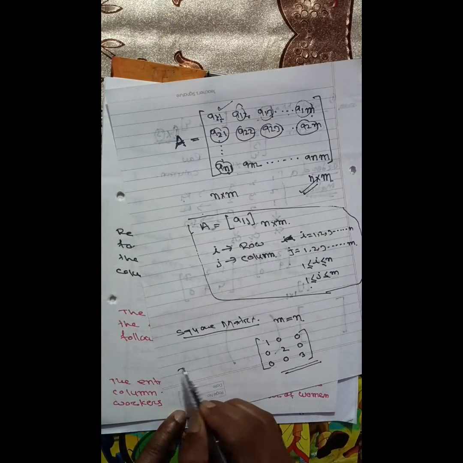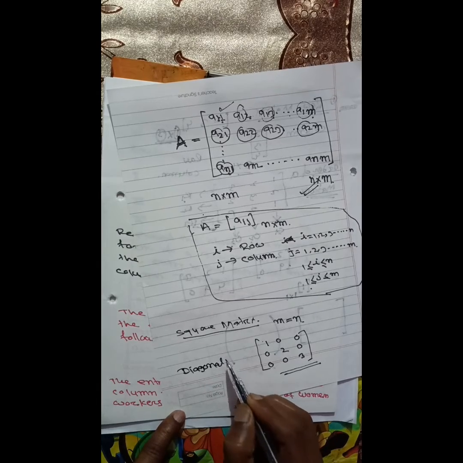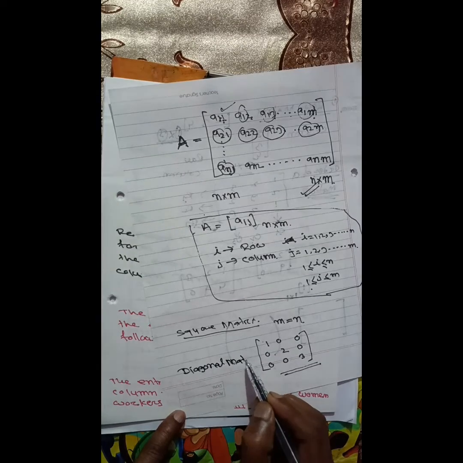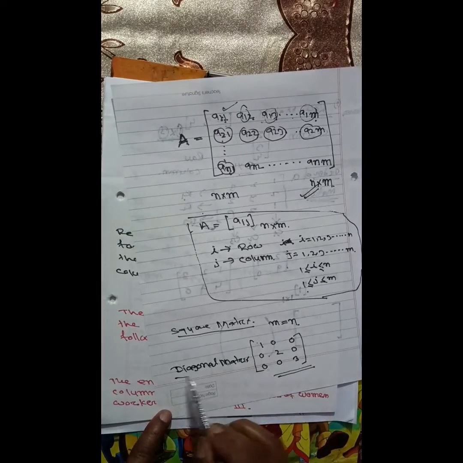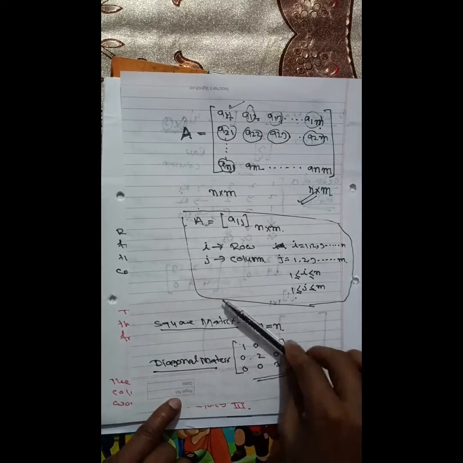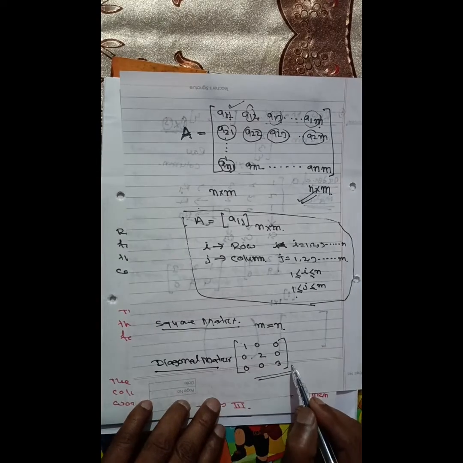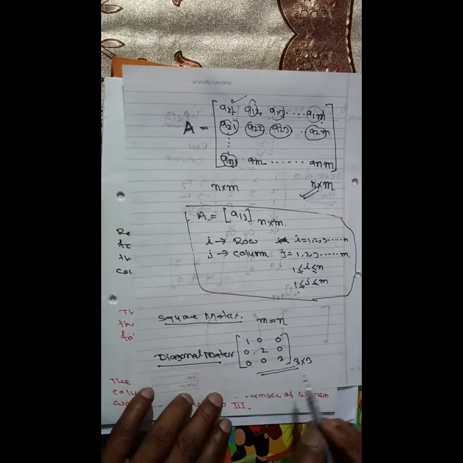This matrix is known as a diagonal matrix. In a diagonal matrix, only diagonal elements exist, others are 0. So this is a diagonal matrix of order 3, or 3 by 3.